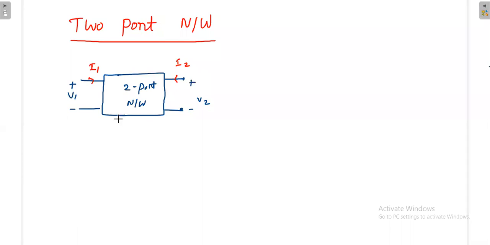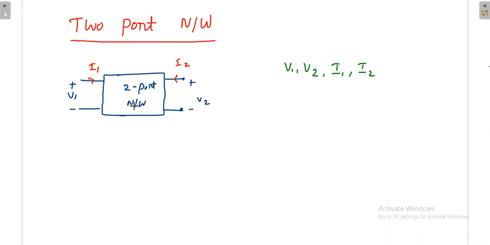So to define the characteristics of this two port, we are writing this notation. In general, out of these four quantities, we have V1, V2, I1 and I2. These two-port networks will be characterized with the help of equations.